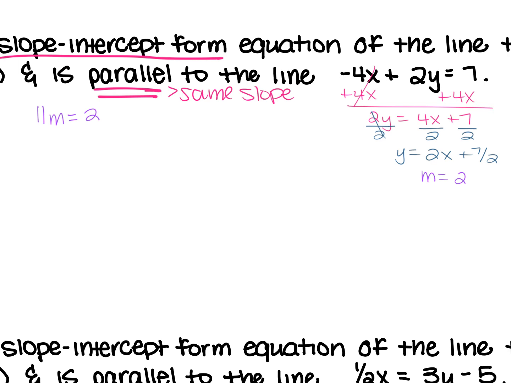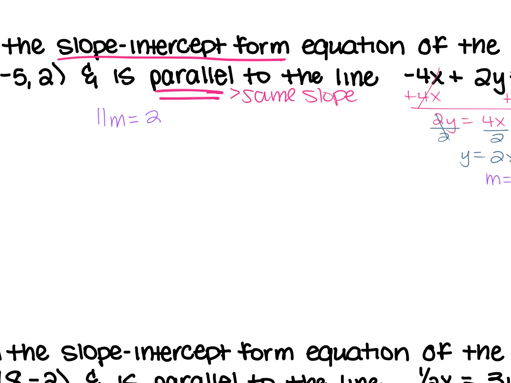If that is our slope and we are using the ordered pair (-5, 2), plug this into point-slope form and then solve it for y to put it in slope-intercept form. So this is going to give us our x1, our y1, and our m. So that means that we're going to have y minus 2 is equal to 2 times x minus -5.